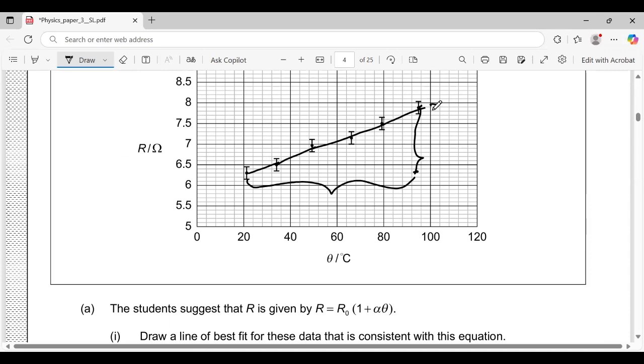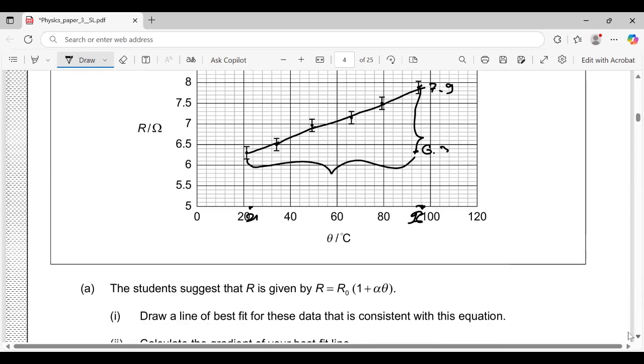And for theta, this is 96, and this is 21.